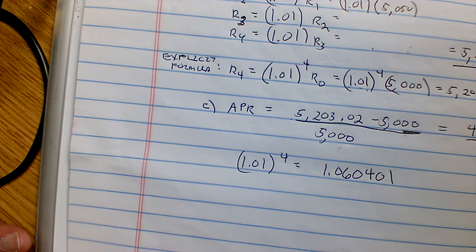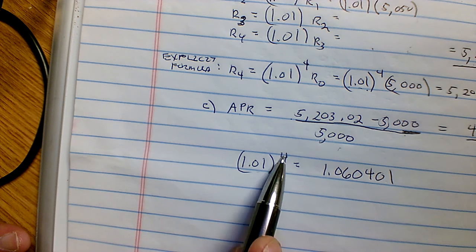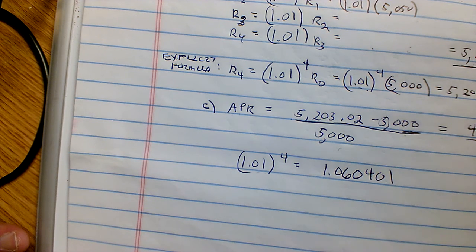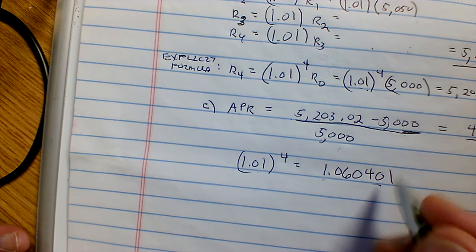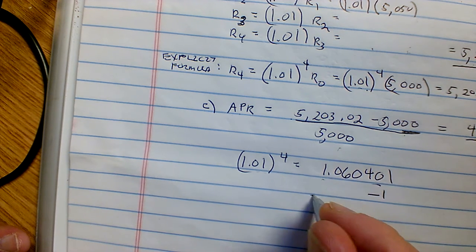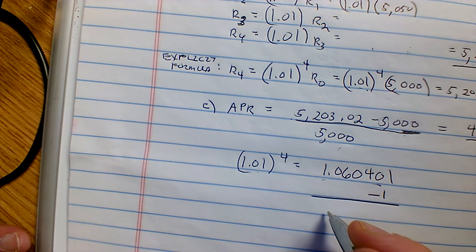Again, if you think about the explicit formula, if I take the 1.01 and raise that to the 4th power, I get this number.